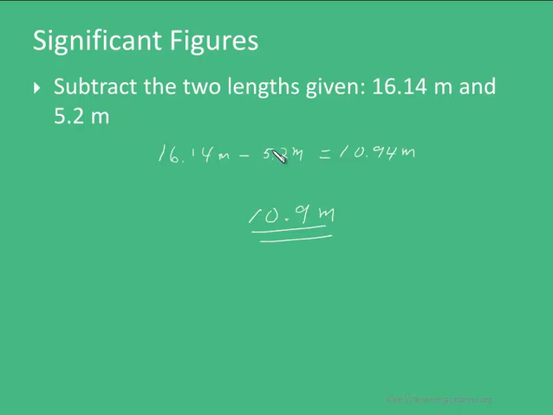So again, notice we're not concerned with the number of significant figures. Here this number has 2 significant figures, but our answer that we're going to report has 3, because we're not focusing on the number of significant figures, we're focusing on the number of digits after the decimal place. And so this has 1, so the answer must have 1 digit after the decimal place. So that brings us to the end of this section then.